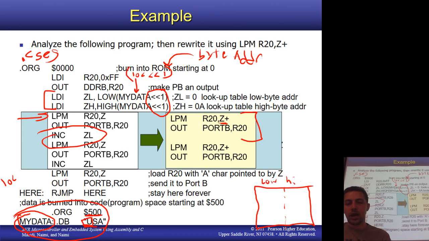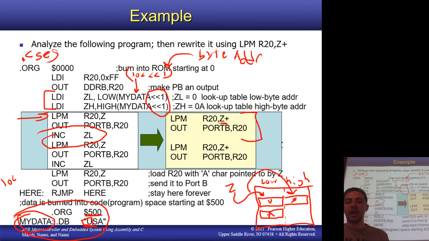So in memory, here we are. Low, high byte. U, S, A. So we started Z pointing to the low byte. We loaded it up, and we did an increment. So now Z is byte addressable.